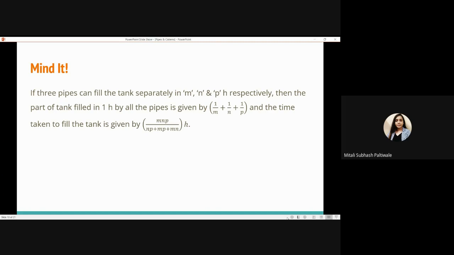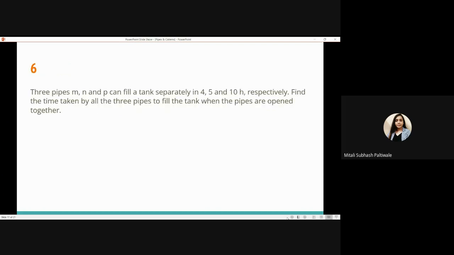Now let's get on to an example based on this one, and we'll tell you something after the example. Just to make this understood in a better manner, we are solving the example. So here is the example which says three pipes M, N, and P can fill a tank separately in 4 hours, 5 hours, and 10 hours respectively.